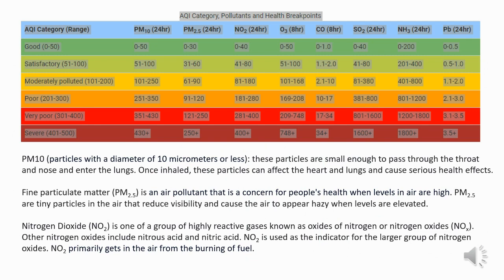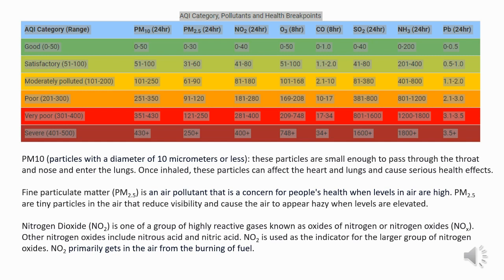Let's now focus on how we scientifically measure the air quality of a place. So the air quality index, AQI, category is dependent on various pollutants that are present in the air.